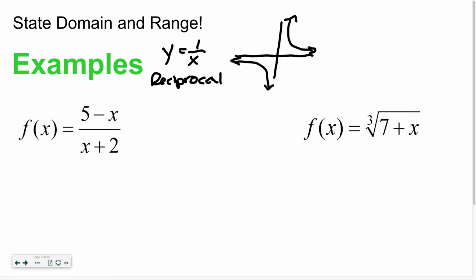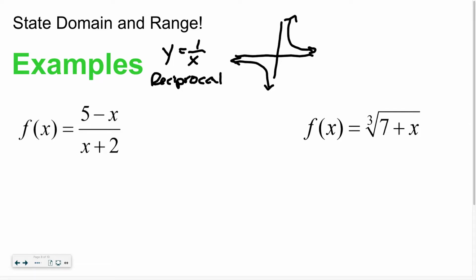Some issues that you might recall from Algebra 2 or Algebra 3 is that there are asymptotes in that picture. There's a vertical asymptote and a horizontal asymptote. So those cause restrictions to your domain and restrictions to your range. Okay, and so that's something that we're going to address at the end when we state domain and range. But we'll focus right now on saying it passed the horizontal line test, let's find the inverse.